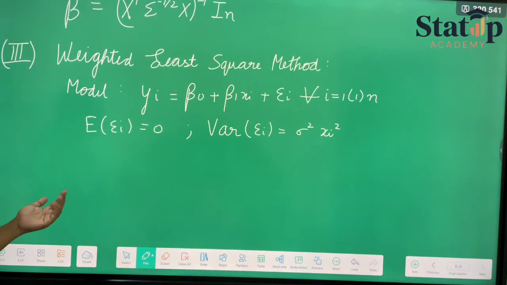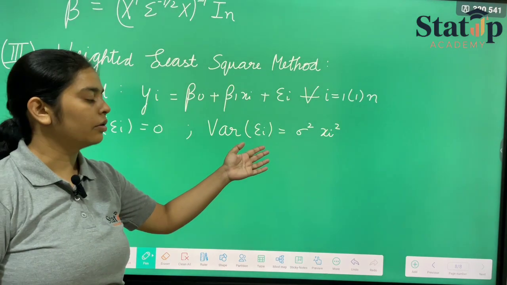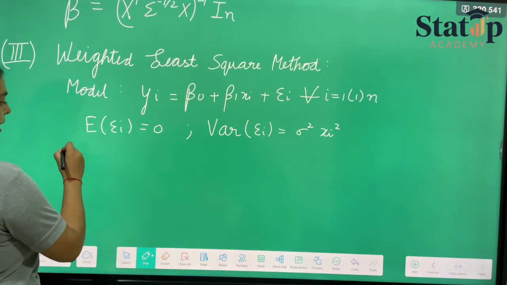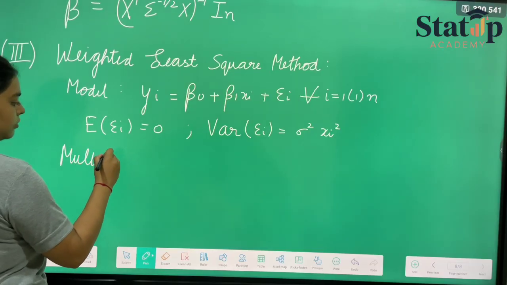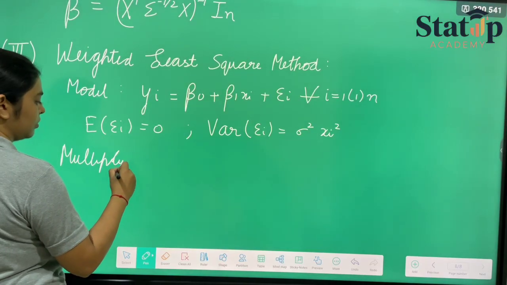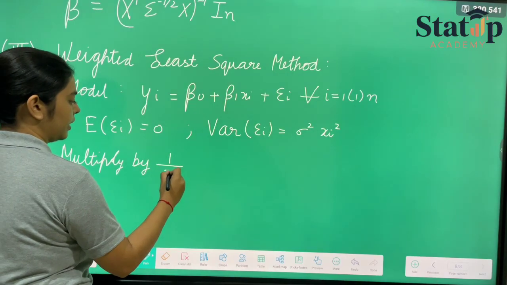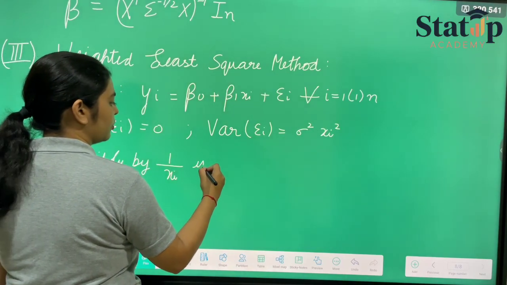Let us consider this. This is again a heteroscedastic model. So we will multiply the model by 1 upon xi.